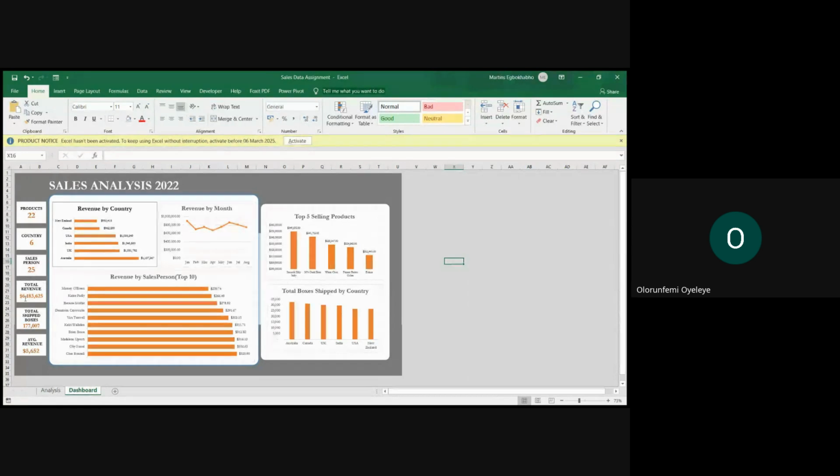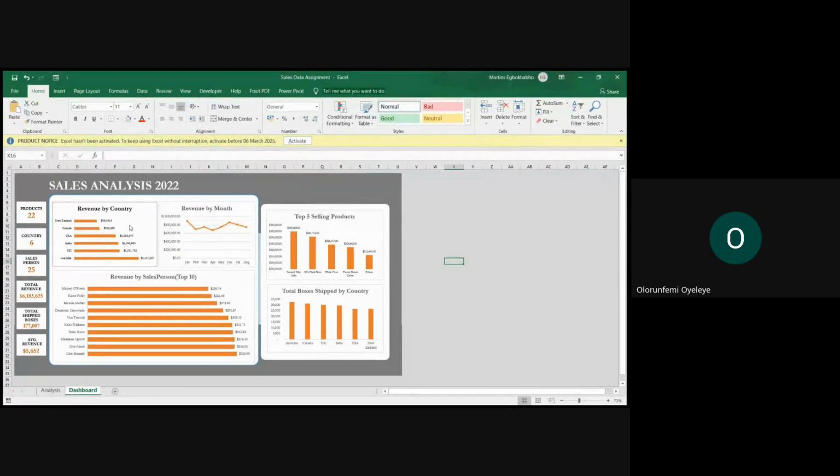And our total revenue for the year is $6,183,625. We have the total boxes shipped and average revenue for the year. We can see from here the revenue by country, and we can see that Australia has the highest revenue for the year, while the lowest was in New Zealand.